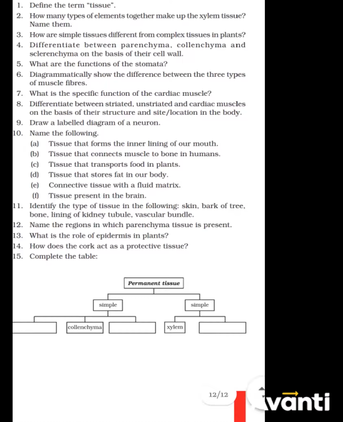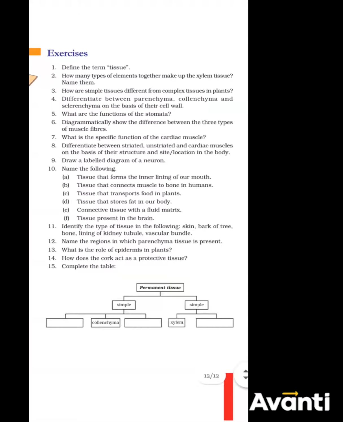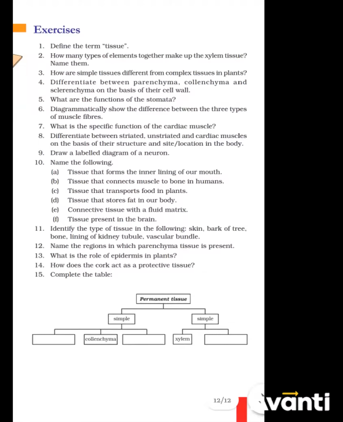Simple are divided into three types, that is parenchyma, collenchyma and sclerenchyma. Like that, you have to remember the base of the division. Okay, like for example, in case of meristematic, it is the location which makes the division into apical meristem, lateral meristem and intercalary meristem. Like that, you have to remember.